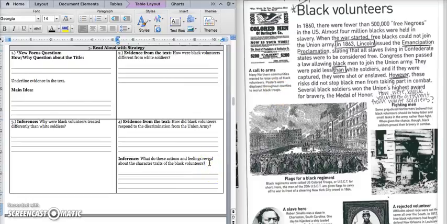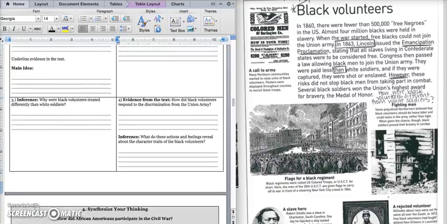Even though we know they're brave, what else are they like? If they are willing to fight in the war, even though they're being discriminated against, if they are winning the Medal of Honor, what else are they like? Go ahead and pause the tape as you write down your answer, and then you can press play when you're finished.